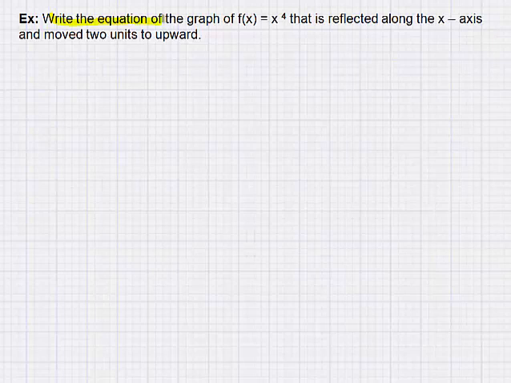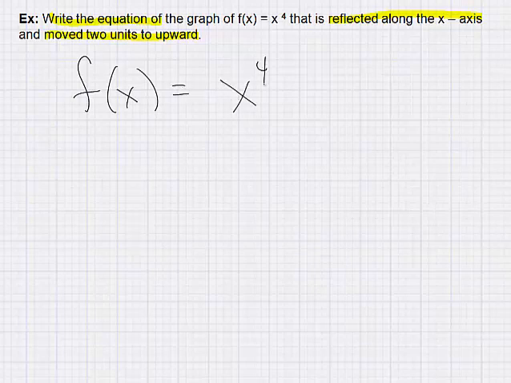Outside the function. Then it's moved 2 units upward. And look at the order. It said reflect first, move second. So it's exactly the way it should work. So I say, okay, here's my function f of x equals x to the 4th. If I multiply by a negative outside the function, that's going to reflect it over the x-axis.